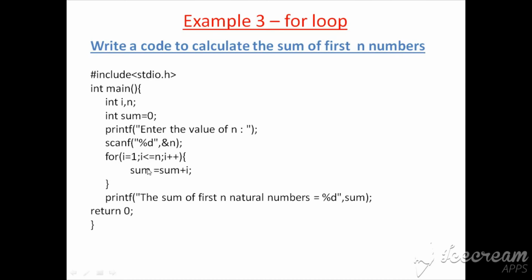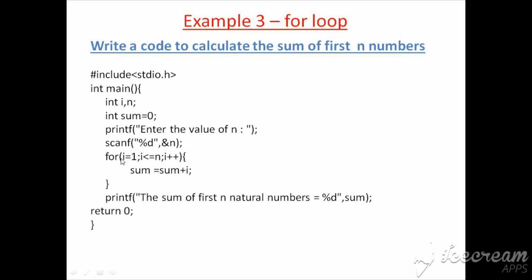After that, we print the last, updated value of sum. So the printf is: the sum of the first n natural numbers equals %d, comma, sum.